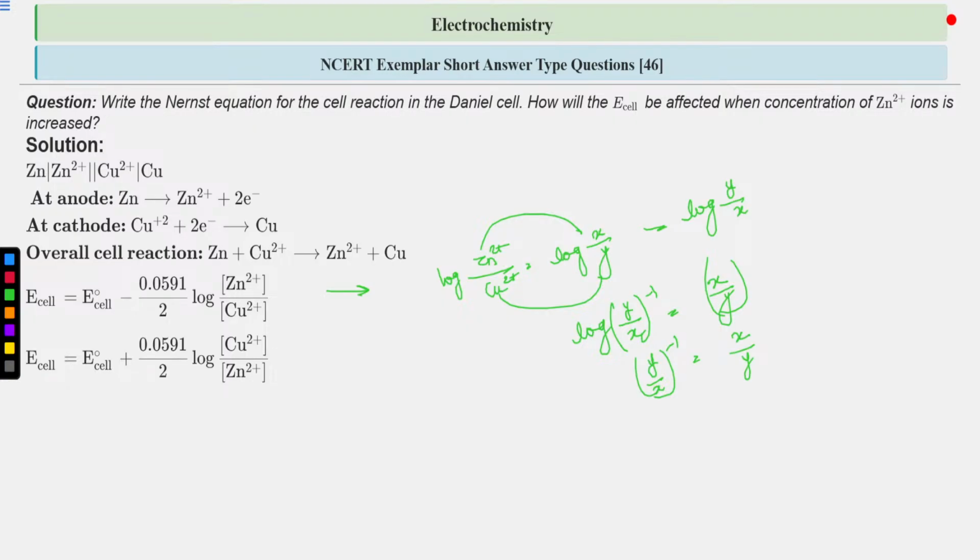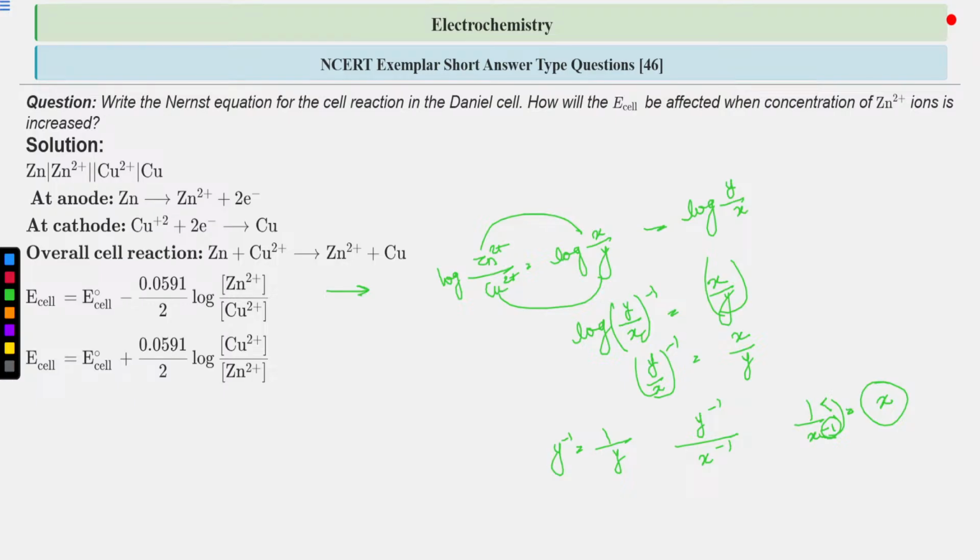This whole power minus 1 means y to the power minus 1 divided by x to the power minus 1. That means 1 by x to the power minus 1 is x, because if you take x to the power minus 1 to the numerator, the negative power becomes a positive power. And y inverse equals 1 upon y. So y by x to the whole power minus 1 equals x by y.